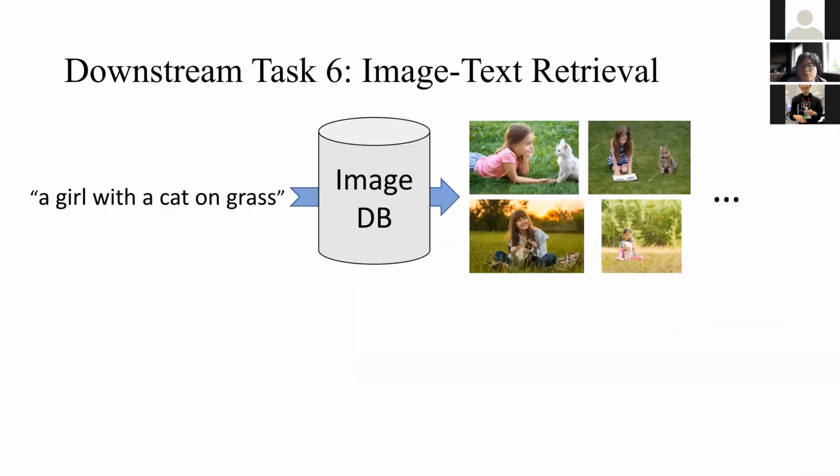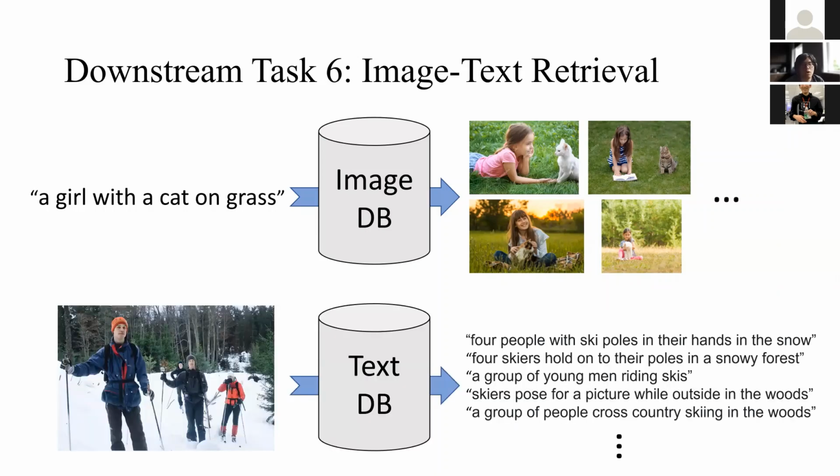Lastly, image text retrieval. This might be the most practical real-life application of vision and language research. For example, we can see applications such as a smart album or image search. Given a sentence, we ask the computer to find the most relevant image. Or reversely, we could also do text retrieval.